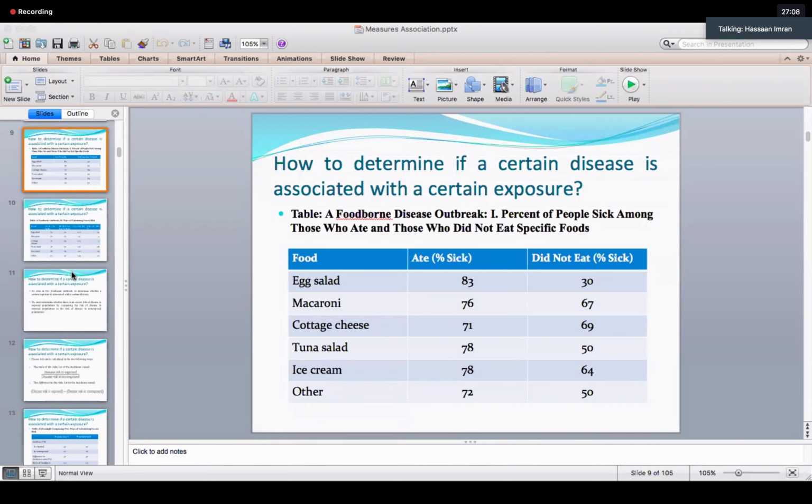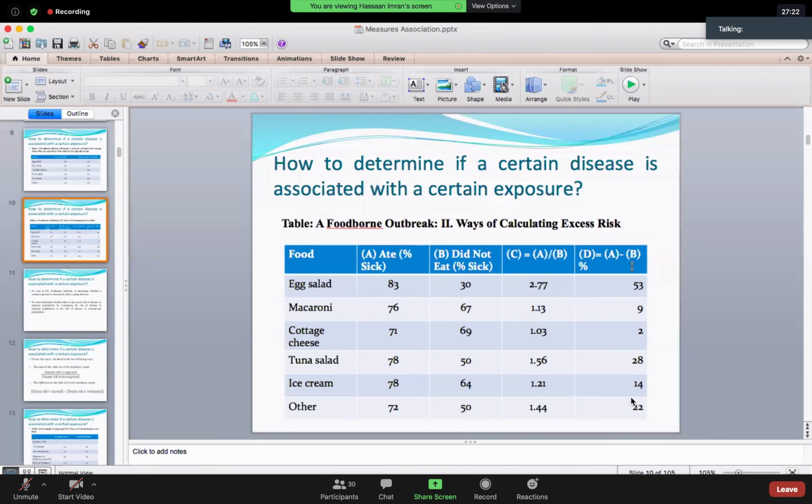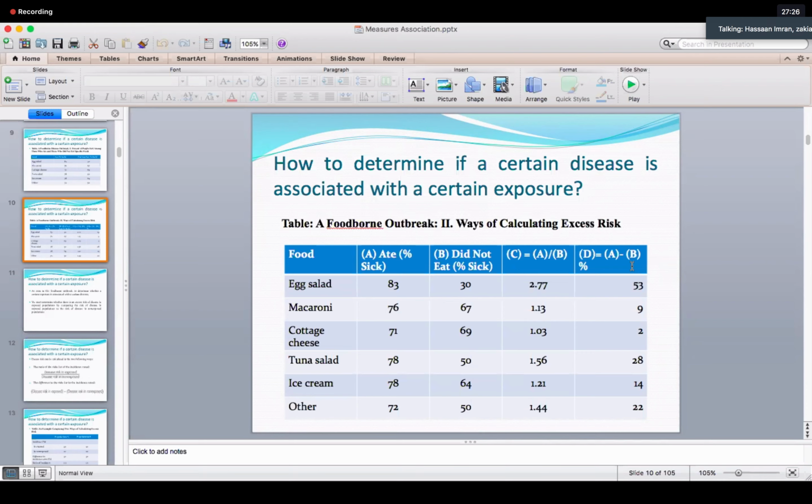I told you two things: either we take a ratio measure or we take a difference measure. Whenever we have to see that somebody has an excess risk compared to the other, somebody has more, somebody has less, either we take a ratio or a difference measure.